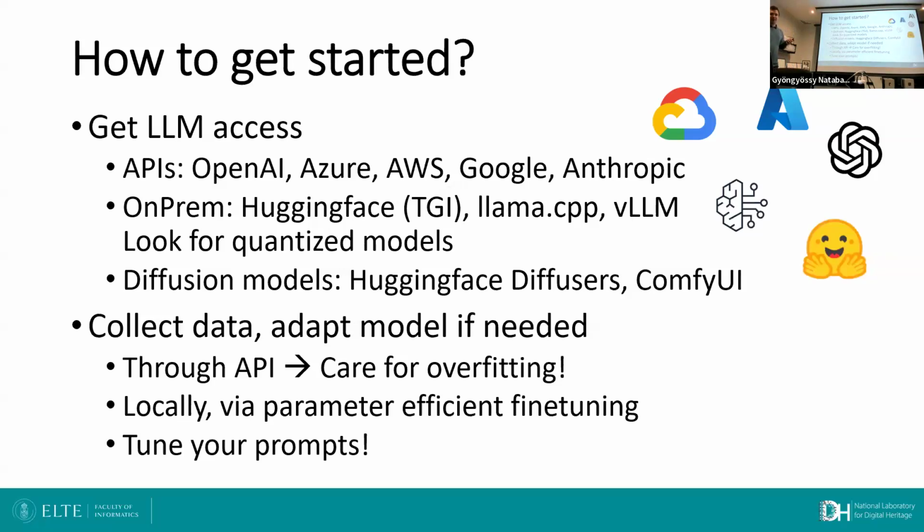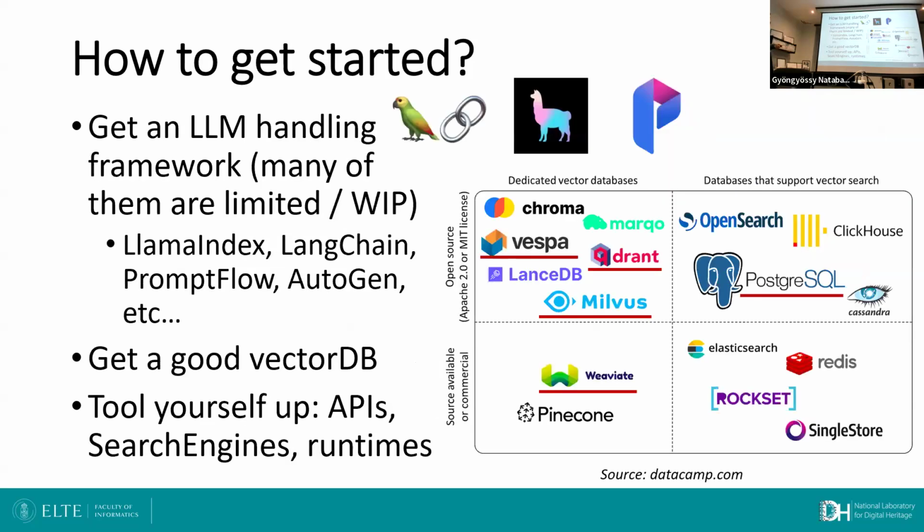Again, getting started with these things we were talking about: if you are a programmer, then you have to check out all the APIs. This presentation will be up there, so you can check the names. And also there are some vector databases, almost open source and open source versions, which I think are production ready or stable.